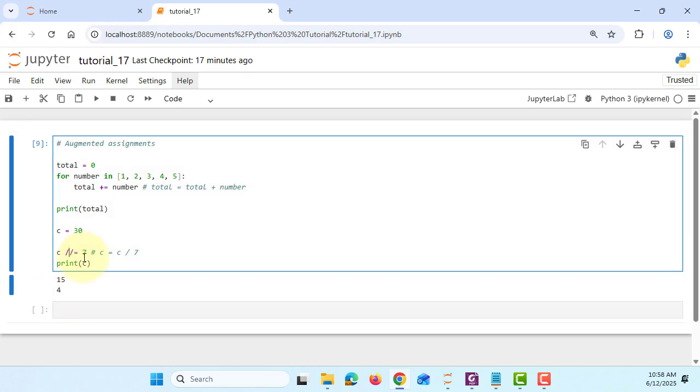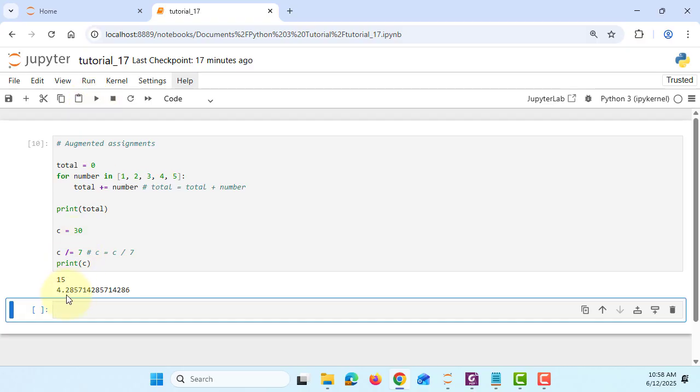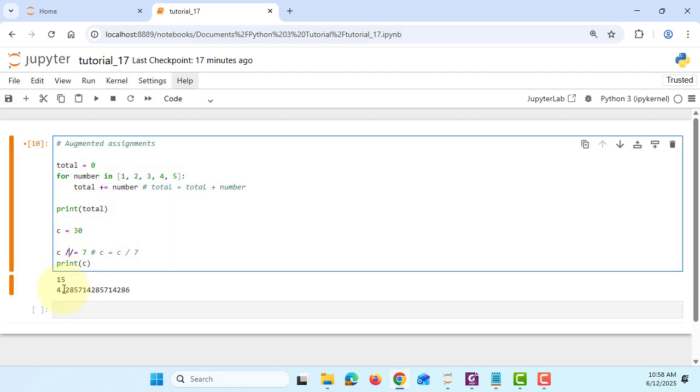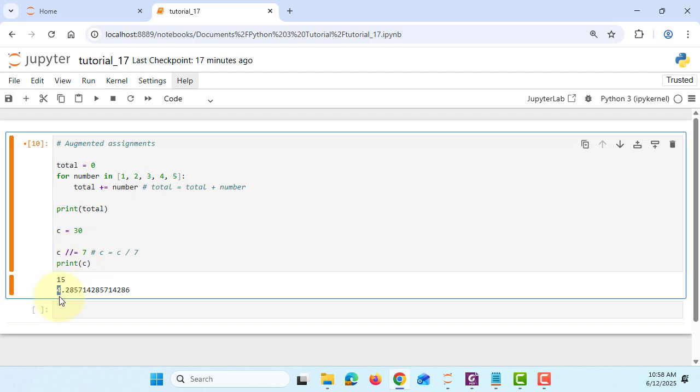Because if you are using division, it returns 0.28, with the decimal points. So if you use two of them, we are looking at only the integer value. Because it's less than 0.5, you round down. Of course, if it's higher than 0.5, then it's going to round up as a 5.